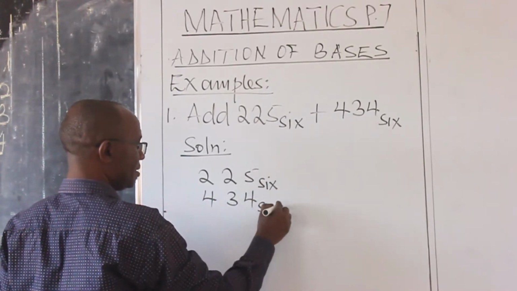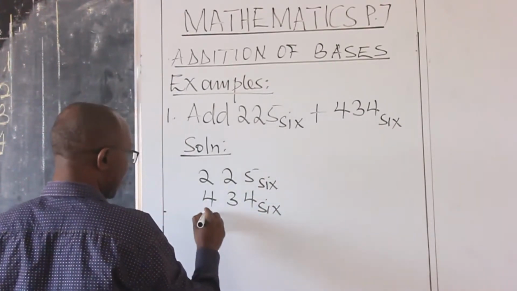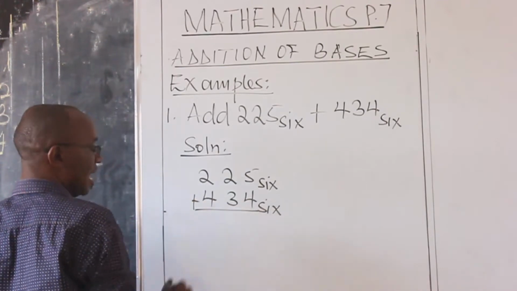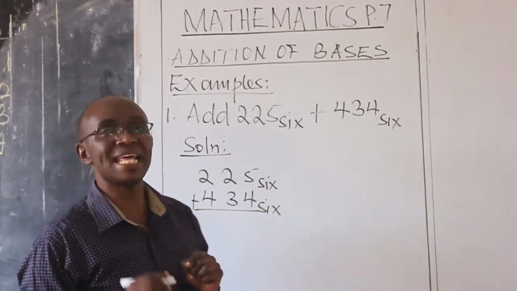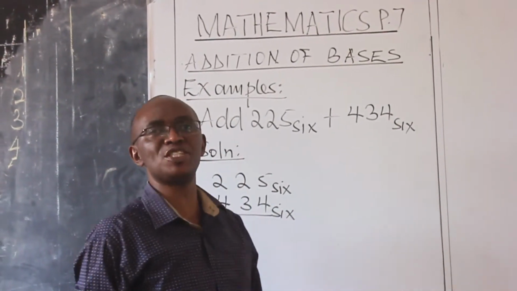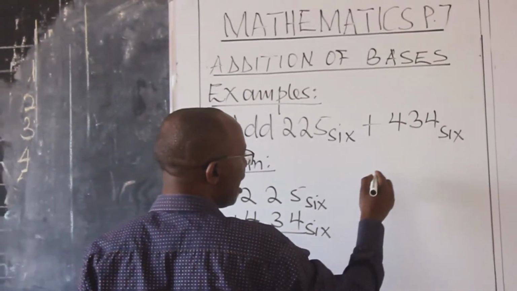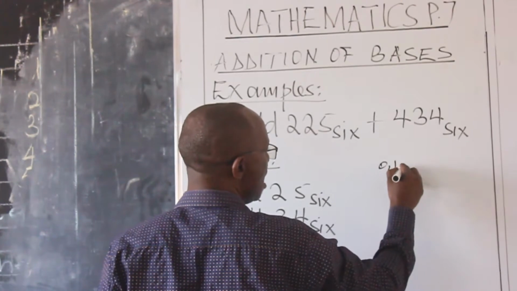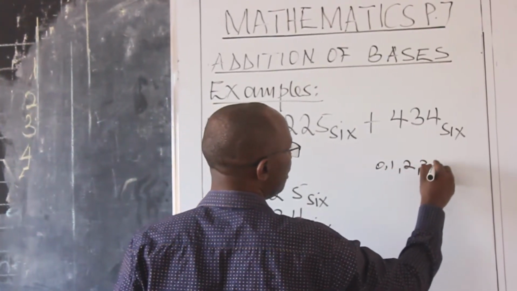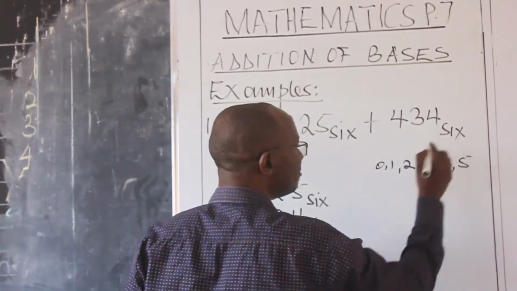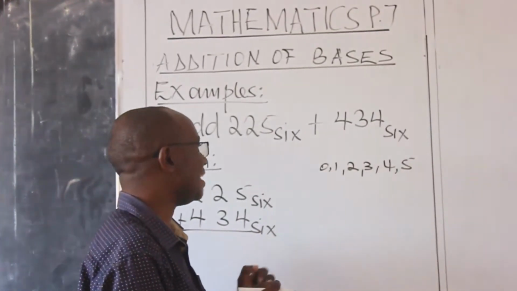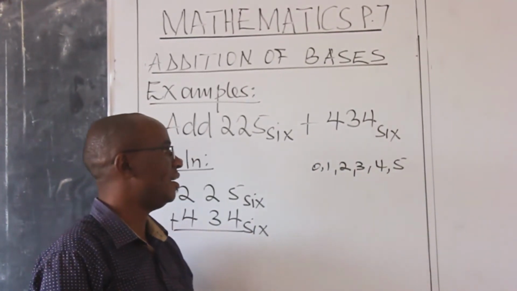It's addition. But now remember the digits used in base 6. The digits used in base 6 are 0, 1, 2, 3, 4, and 5. Those are the only digits that are used in base 6.